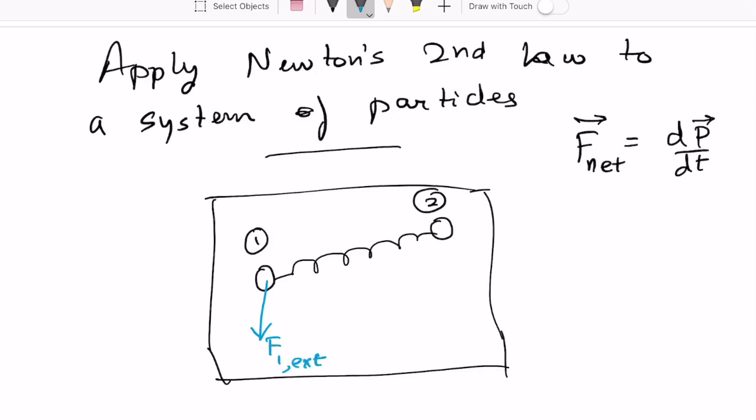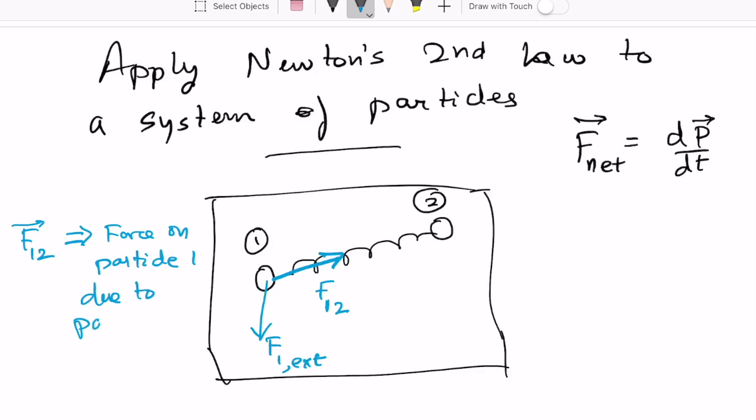There is one other force acting on particle number 1, which is the force that's coming from particle number 2, and that would be in this direction. So let's call this F1,2. F1,2 is just notation. It means force on particle 1 due to particle 2.